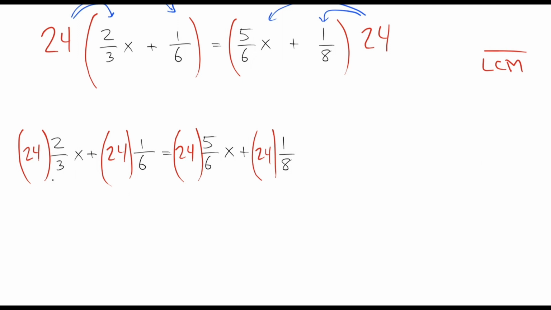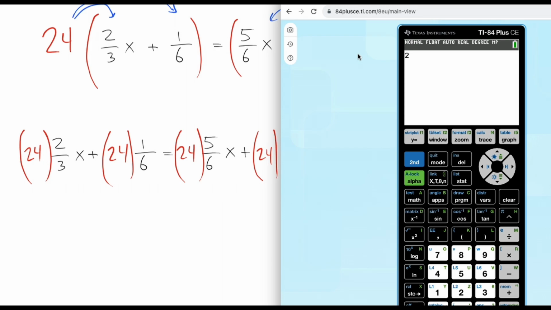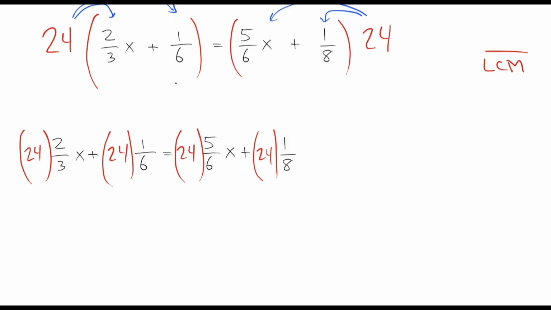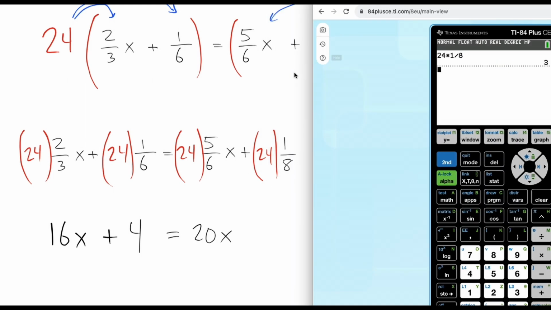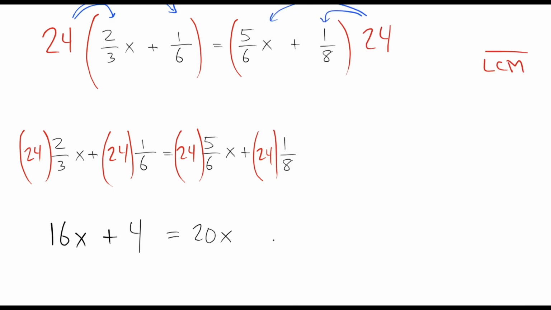So on calculator, you do 24 times 2 over 3 makes 16. So we have that. Then we'll do 24 times 1 over 6 and get 4. 24 times 5 over 6 makes 20. And we get 3 for that last term. And then it would be solvable.